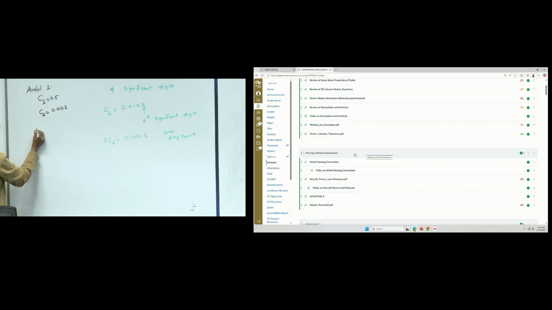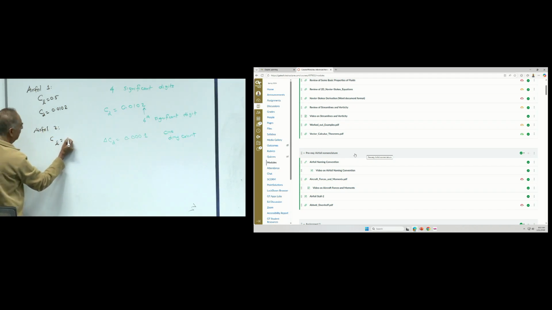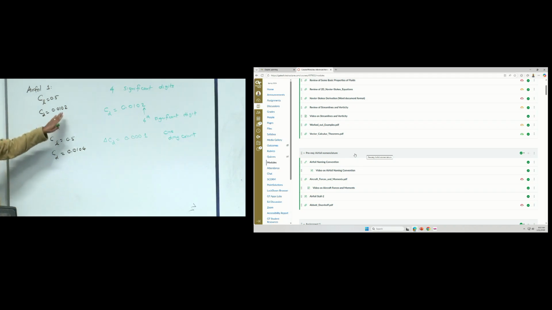Airfoil number 2 has got the same CL, but say that the CD is 0.0104. Okay? If you round it off to 3 digits, you won't get to know which is better, right?